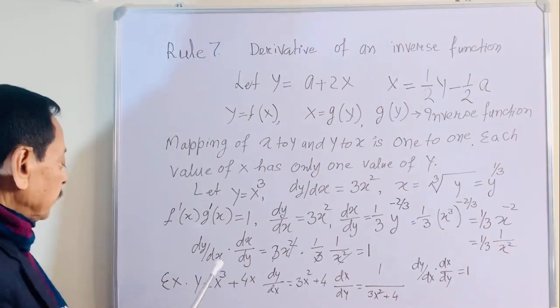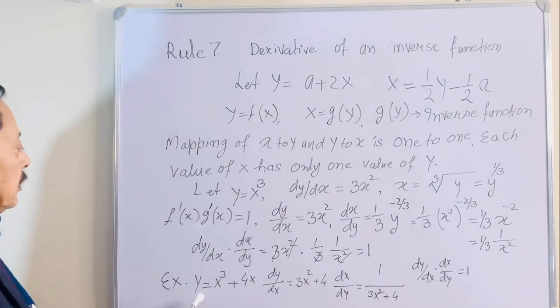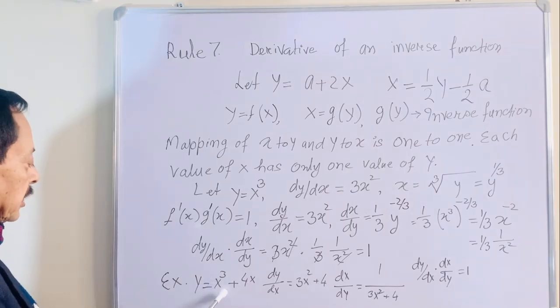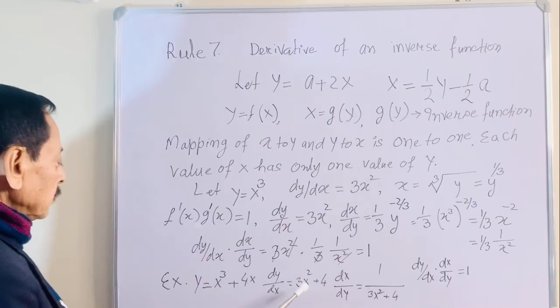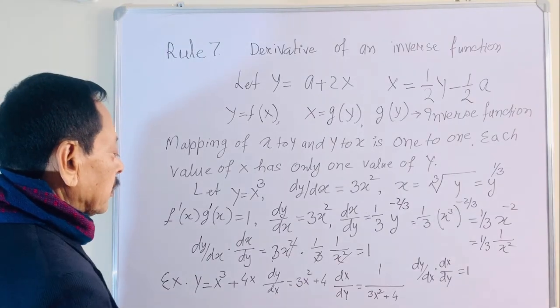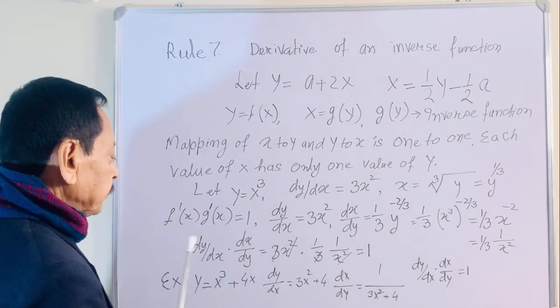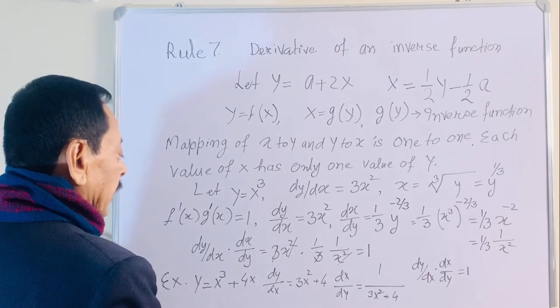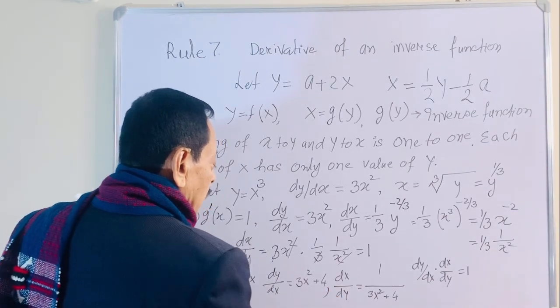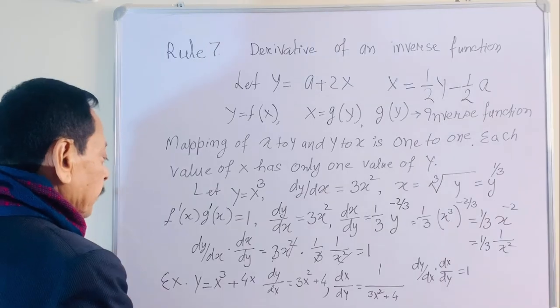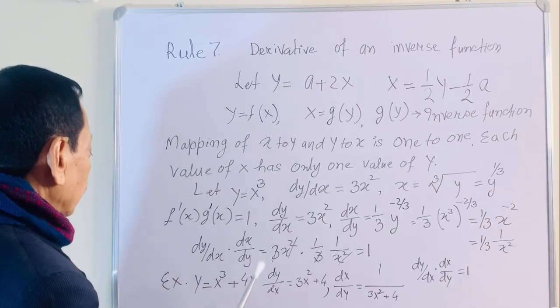Now for an example, suppose y is equal to x to the power 3 plus 4x, so dy by dx is equal to 3x squared plus 4. Then dx by dy we can find out.